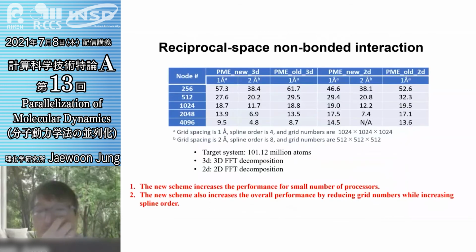And as for the reciprocal space interaction, we found that by increasing the grid spacing, which means the number of grid points is halved, and instead increasing the spline order to keep the accuracy, the new scheme greatly reduced the computation time to less than half.